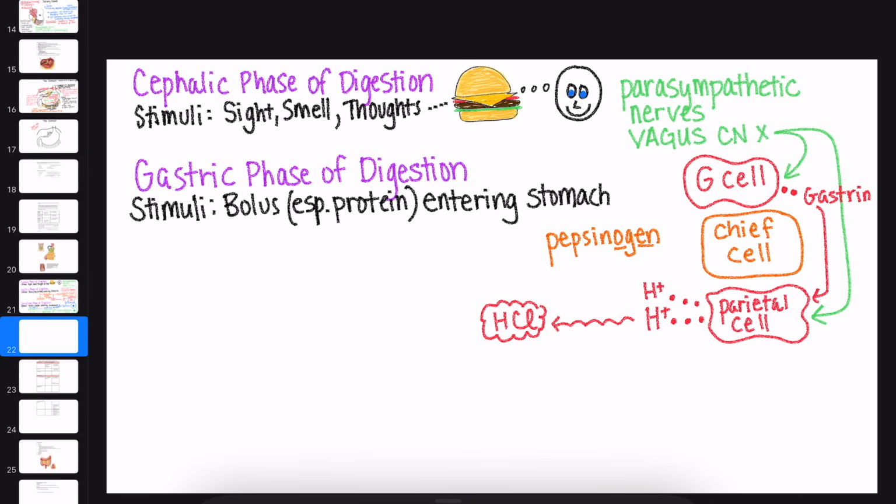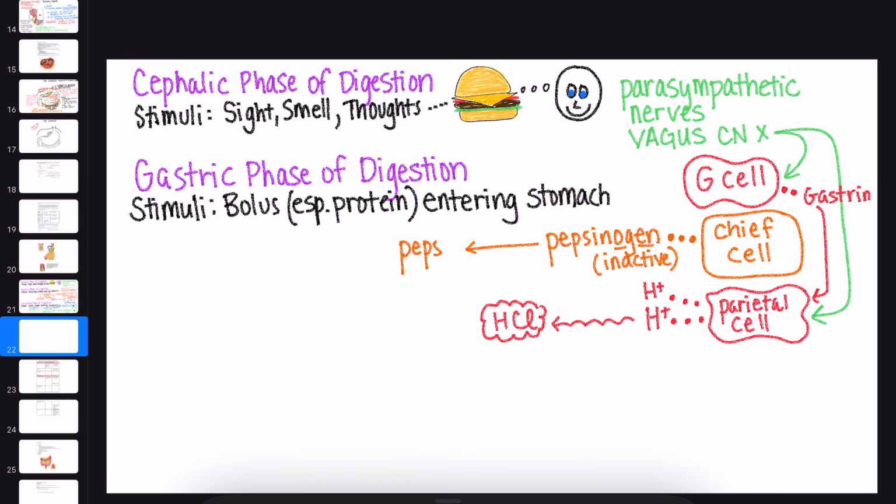Now, whenever you see ogen at the end of something in anatomy and physiology, it means that that molecule is inactive. It's not doing its job yet. It's just waiting in the wings. And what it's waiting for is acid. And so it can be converted into its active form called pepsin.